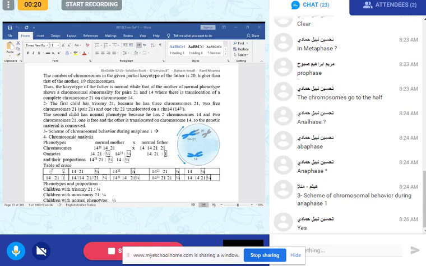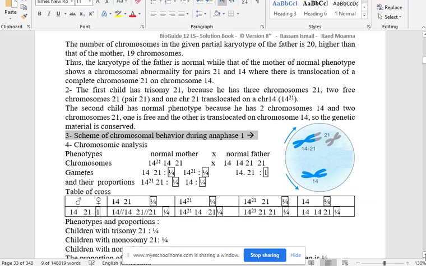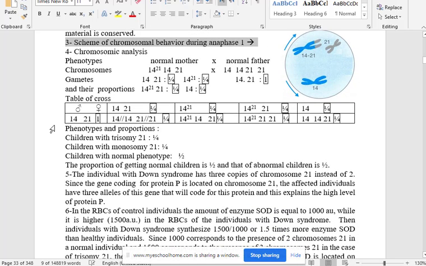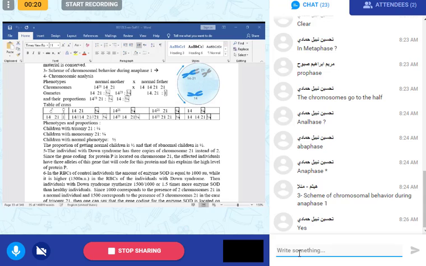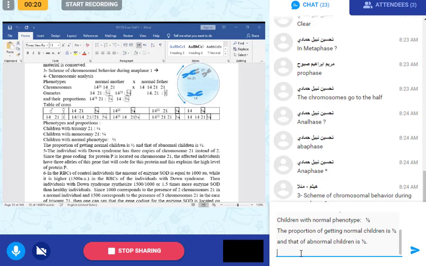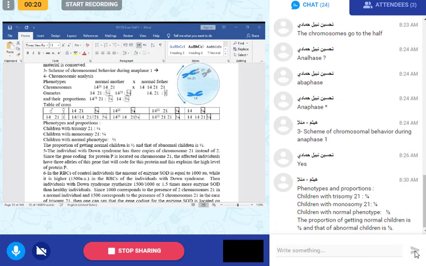Okay, so now as a phenotype, what do I get? Look, what do I get in the phenotype? Phenotype and the proportion: children with trisomy 21, 1 over 4. Children with monosomy 21, 1 over 4.